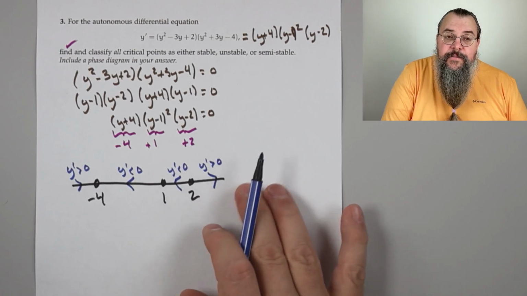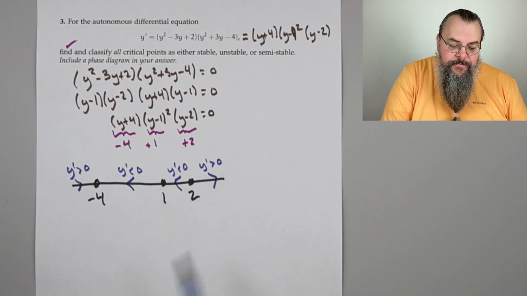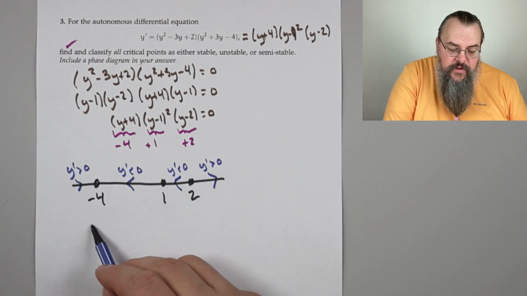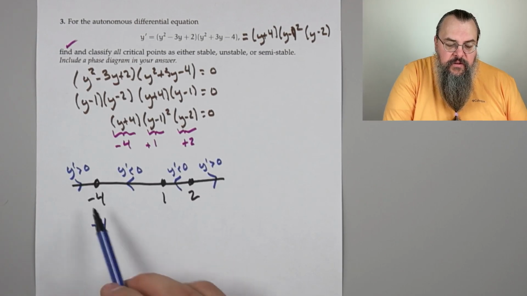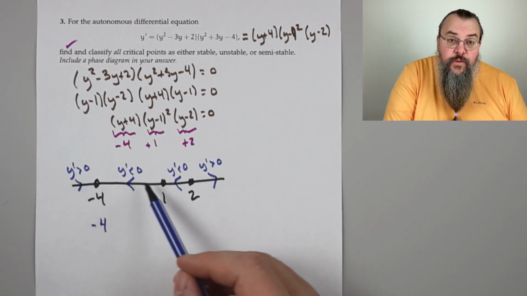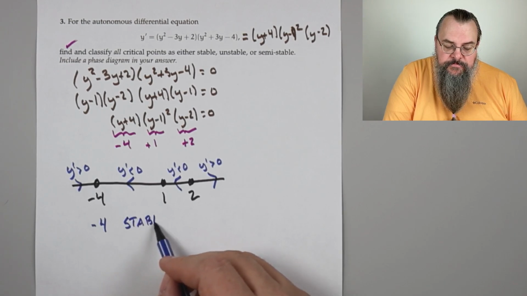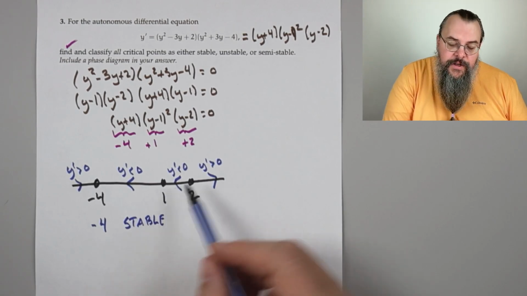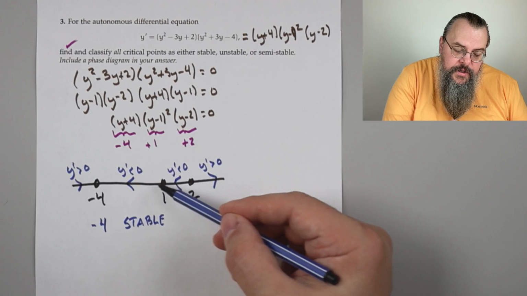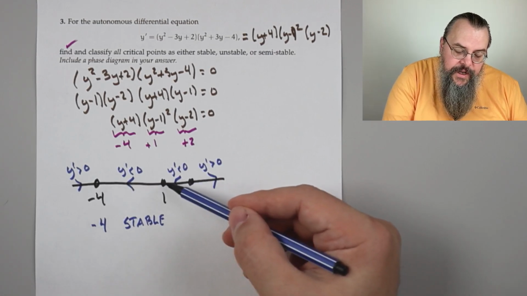This, by the way, is our phase diagram, which is part of our answer. And now we can just go through and list. So negative 4, we're going in towards negative 4. So negative 4 is stable. What about 1? Well, we're going in on one side, out on the other.